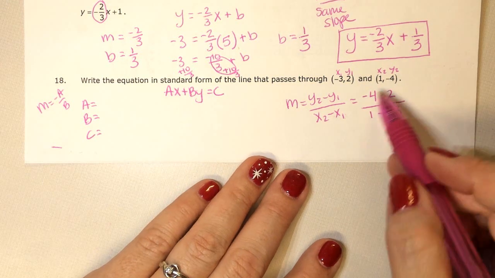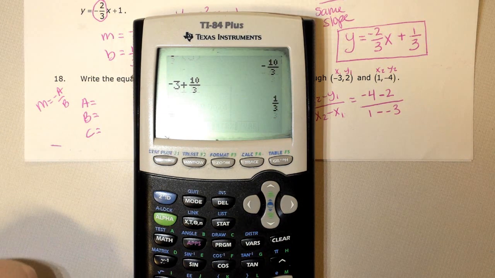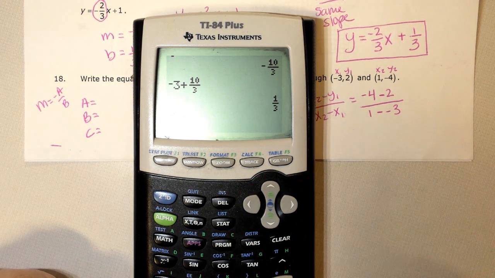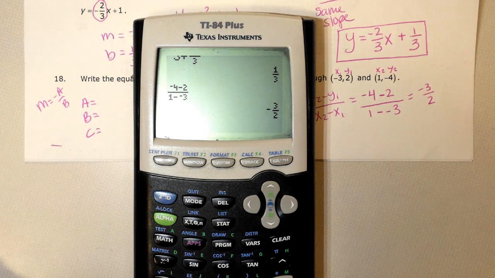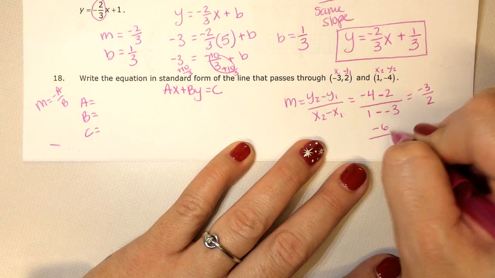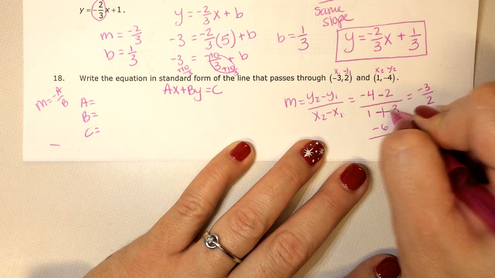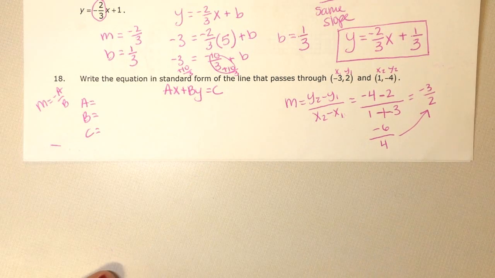Now, you could do this by hand, or you could type it in your calculator and it'll simplify it for you. So -4, actually I have to keep writing it, minus 2 over 1 minus -3. And I get -3/2. Now, if I were to have done it by hand, I would have gotten -6 over, well, this is a broken plus sign, so I end up 1 plus 3, which is 4. And then when you simplify that, that's what it gives you.